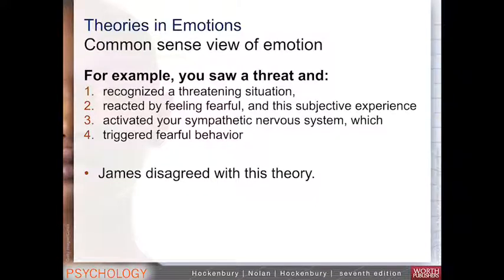Okay, guys, so we are going to just finish up the last few slides that we didn't get a chance to get to. And it's just the theories in emotions. And so we talked about emotions all the way up to this point, as well as motivated behavior. We used the example of hunger throughout that, the cultural, psychological, physiological factors, social factors, all involved in hunger and motivated behavior.